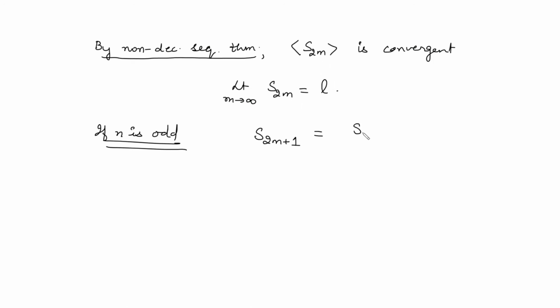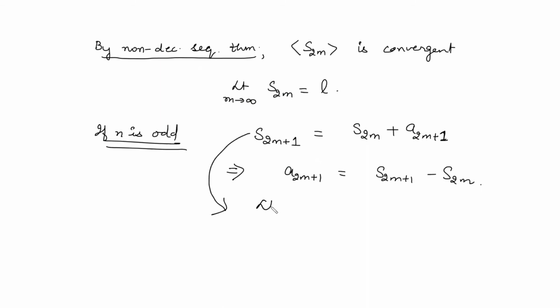It will be the sum of first 2m terms plus a2m+1. So this implies that a2m+1 can be written as s2m+1 minus s2m.